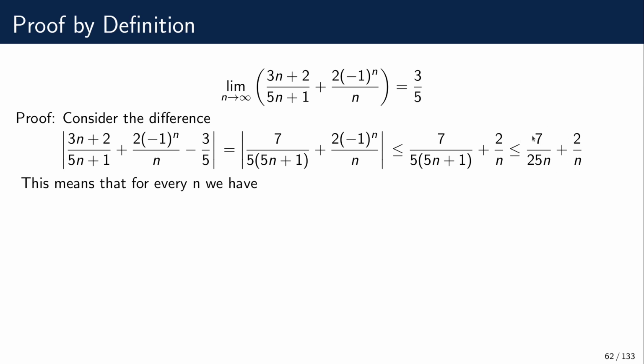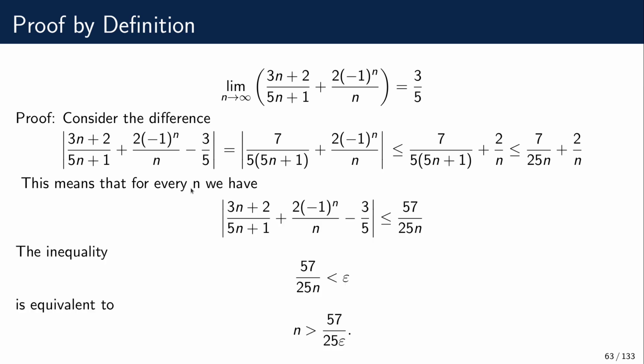It's basically 2 plus 7 over 25, and all of it times 1 over n. So if I can show that I can make this expression smaller than epsilon for every n that is big enough, then of course I can make this expression as small as I wish. So this means that for every n, after I add those together, this is smaller than 57 over 25 over n, okay?